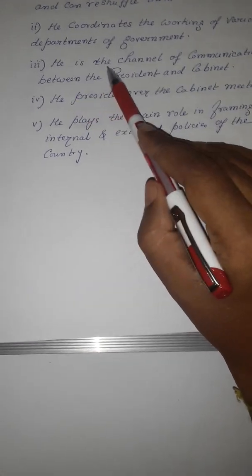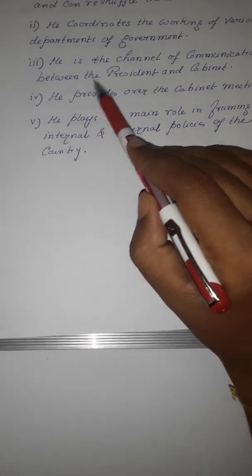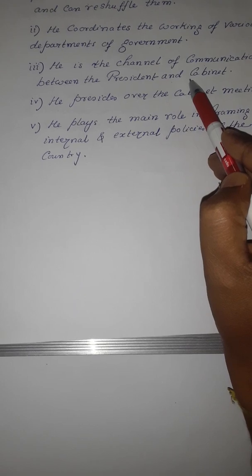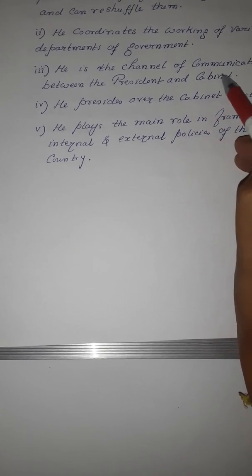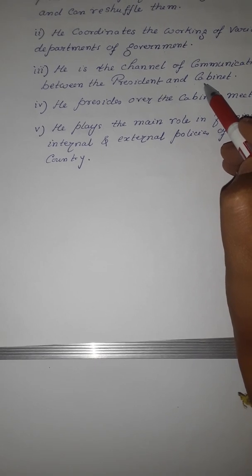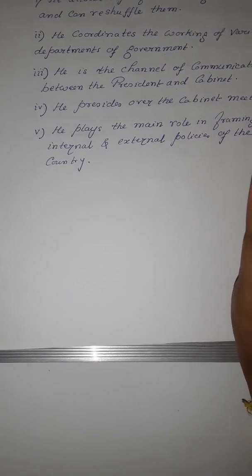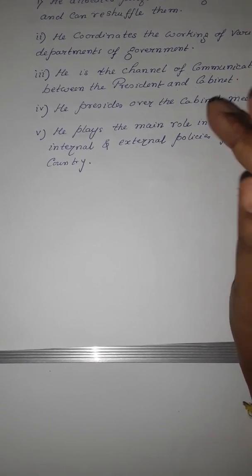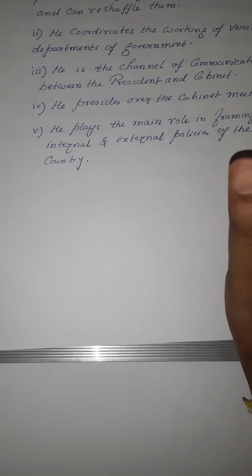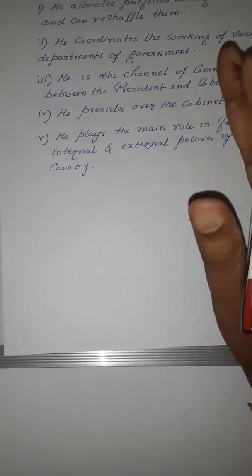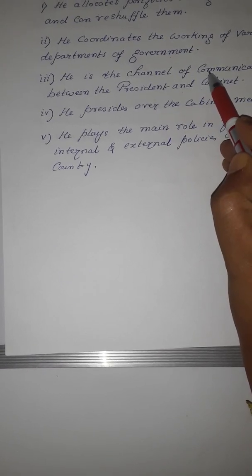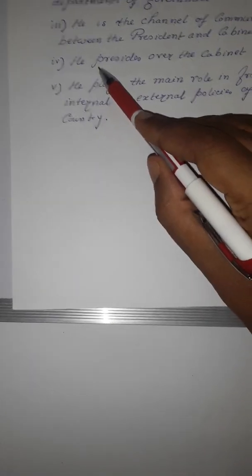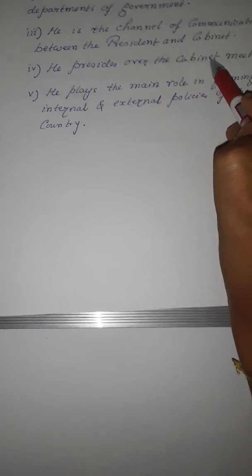Next, he is the channel of communication between the president and the cabinet. Cabinet means the main ministers, and there is also the council of ministers. The PM is the main channel of communication. Fourth, he presides over the cabinet meetings.